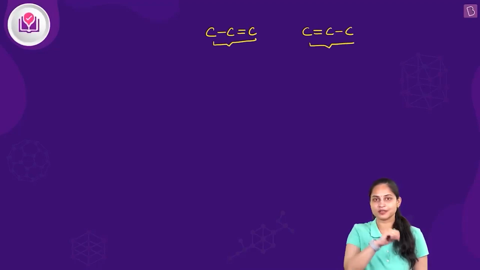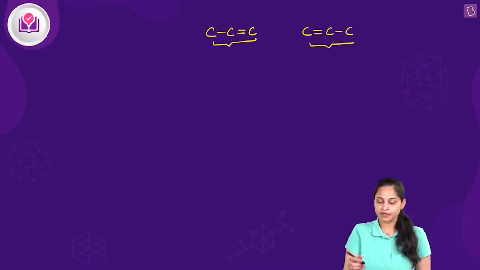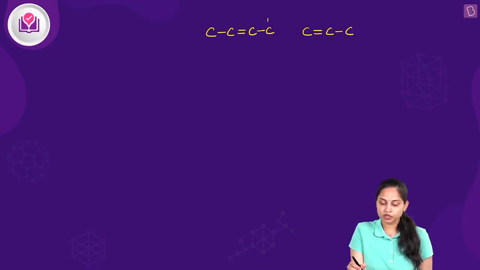They are not going to exhibit any isomerism, because you can see that at the first position I'm having a double bond, and over here also at the first position I'm having a double bond. So what's the difference? But yes, I can talk about but-1-ene and but-2-ene, where there is a difference in the positions of the multiple bond. So it's like this, it's but-2-ene, and if I talk about this particular compound 1, 2, 3 and 4, it's but-1-ene.